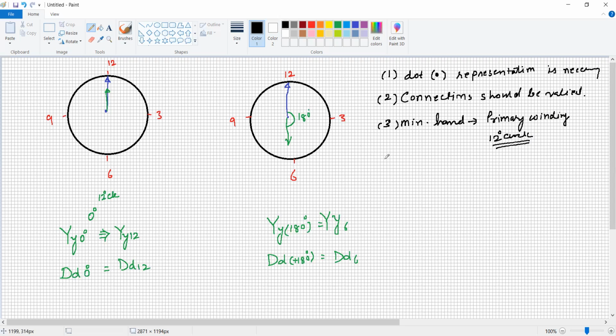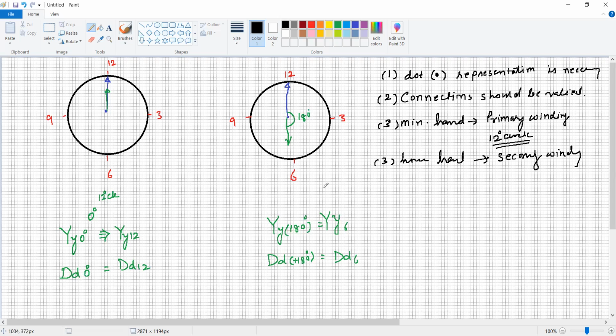Whereas the hour hand represents the secondary winding voltage. So it may be lagging 30 degree, leading 30 degree, in the same phase, that is zero phase shifting, or there is a 180 degree phase shifting. And the minute hand is always on 12 o'clock.